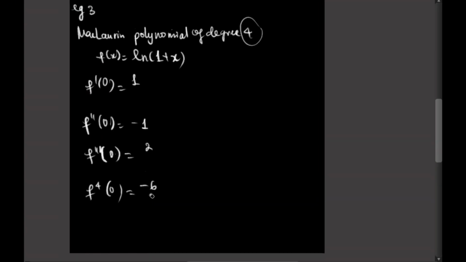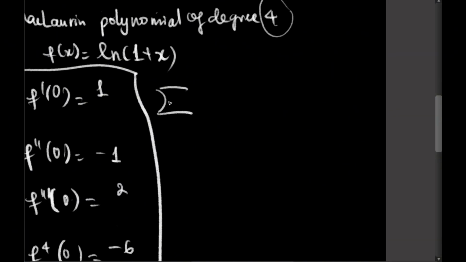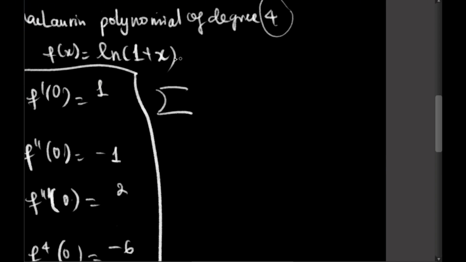And this is what we have right now, right? Okay, and it's going to be very easy, right? Because let's remember the formula for the Maclaurin series. So the thing we need to find is the polynomial of degree 4, so we're going to find up to 4.